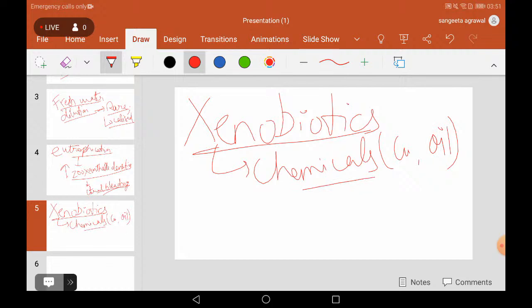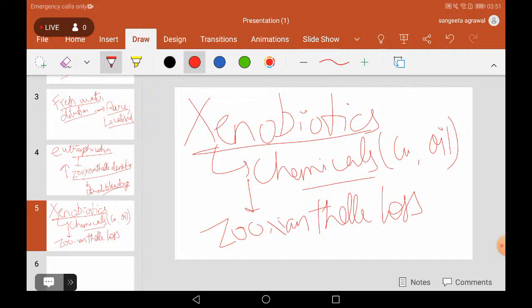Now xenobiotics cause zooxanthellae loss, and this occurs only at very high concentrations of the xenobiotics.